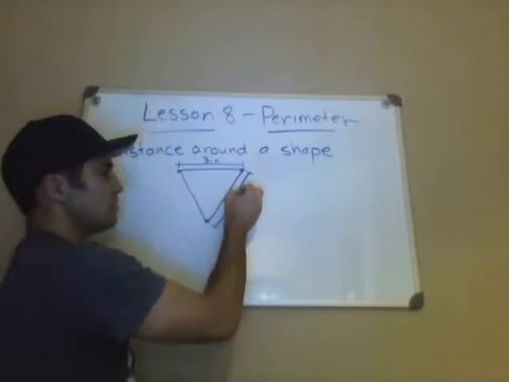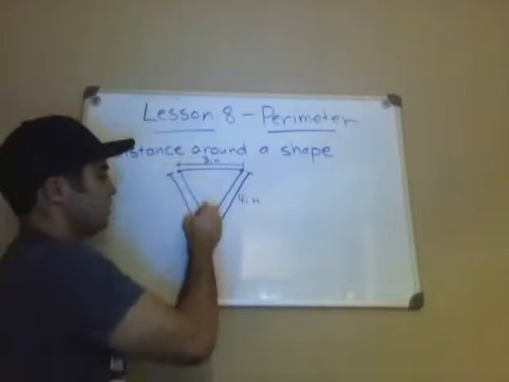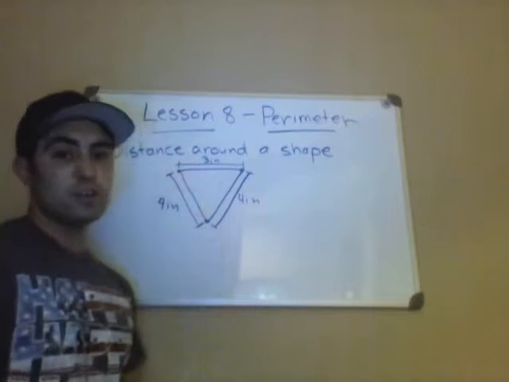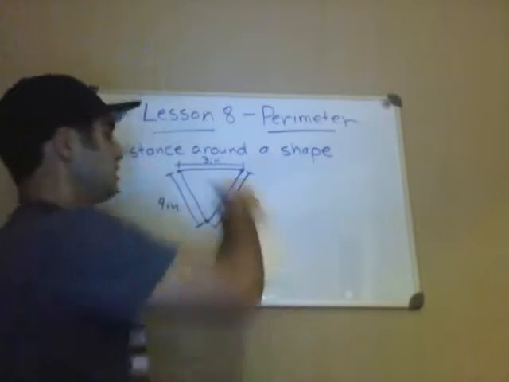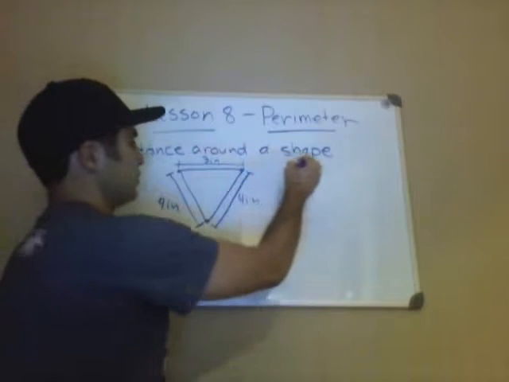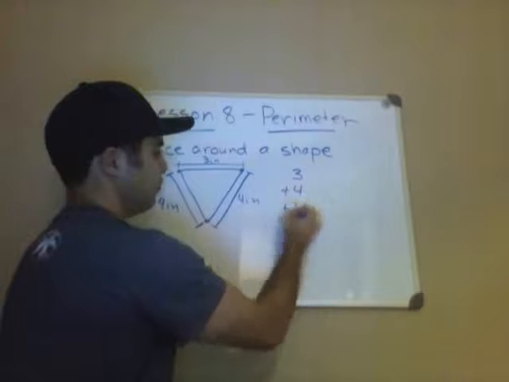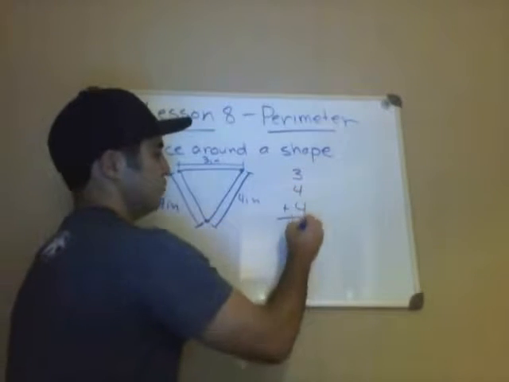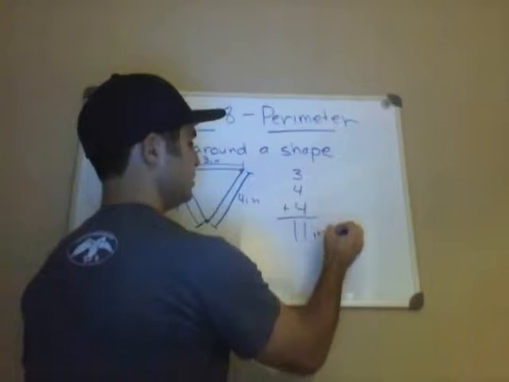Say that was 4 inches, and then do the same for that. Let's say that's 4 inches. So if I want to know the perimeter, the distance around this triangle, I would take 3 plus 4 plus 4, which would be 11 inches.